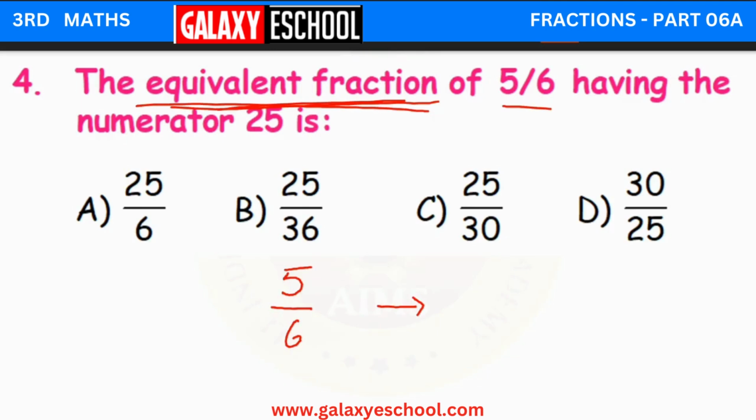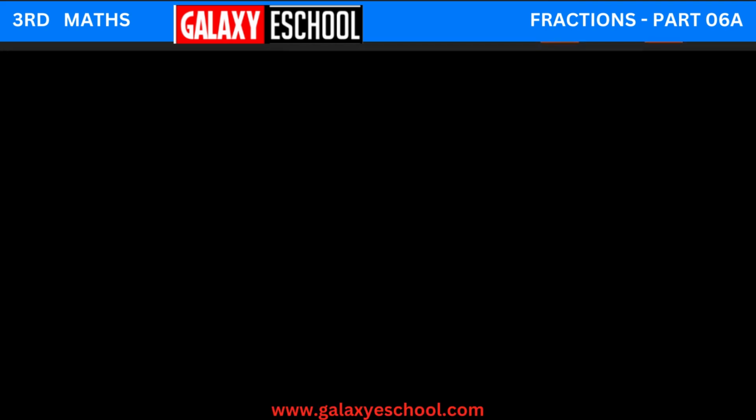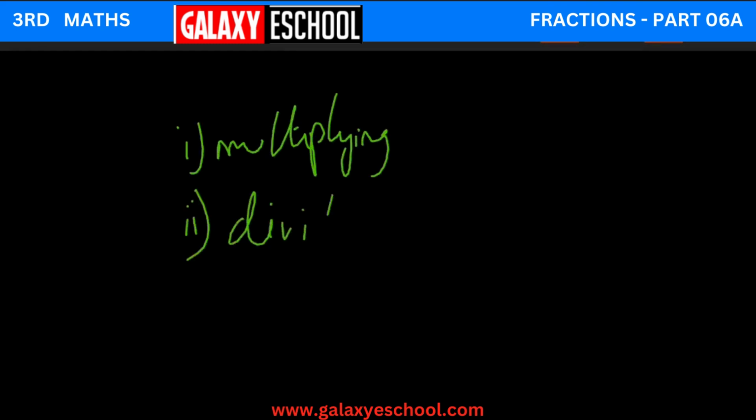And how do we find out the equivalent fractions? Now what are they saying? The numerator should be 25. So equivalent fractions can be found out in two ways children. One, by multiplying, or two, by dividing. Okay, how to find out equivalent fractions?